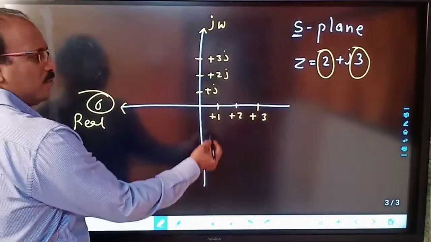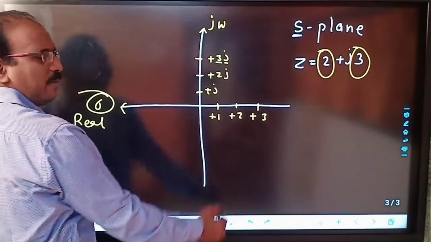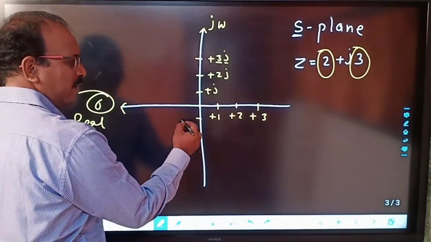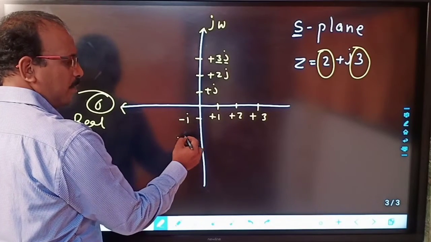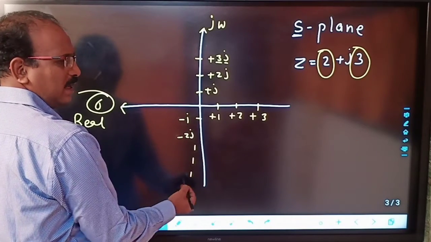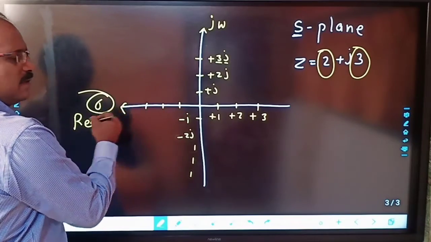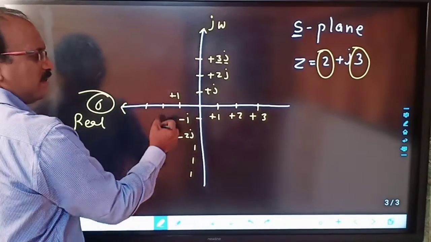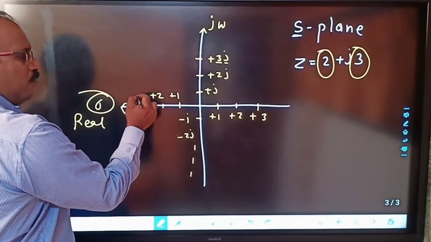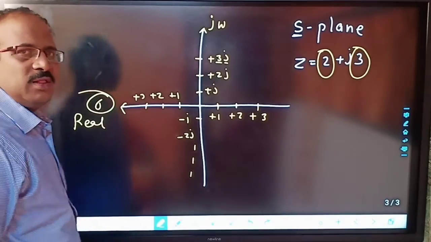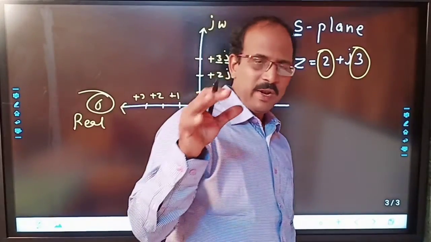This is j omega. This side is minus 1j, minus 2j, and so on. On this side it is simple real, 1, 2, 3, and so on.